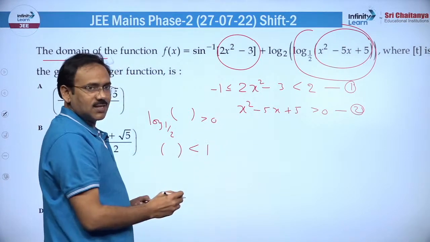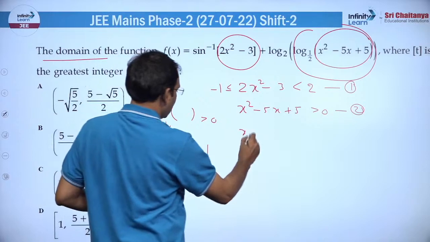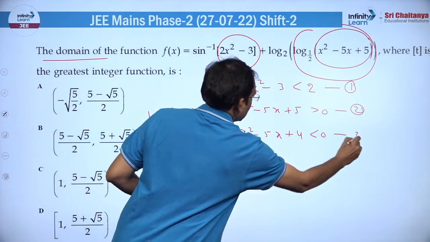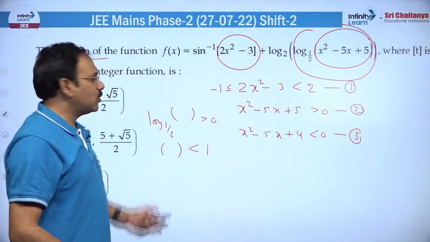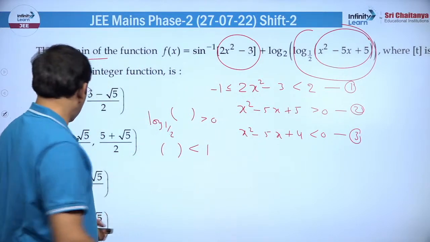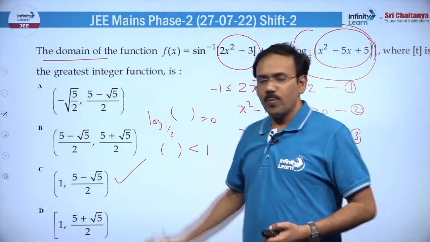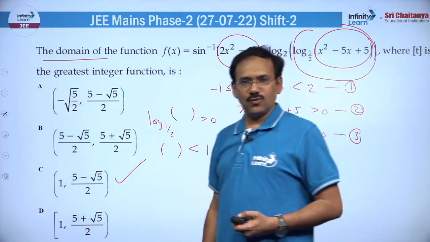Something is x square minus 5x plus 5, so you will get x square minus 5x plus 4 less than 0. This is the third inequation friends. You just take the common solution of these three inequations, and you are going to get the answer to be option C, that is the open interval 1 to (5 minus root 5) by 2.